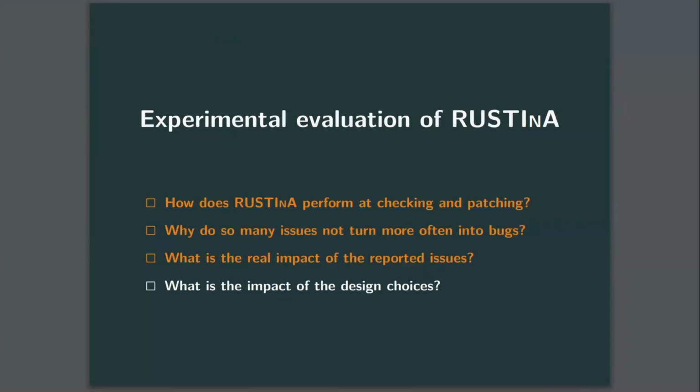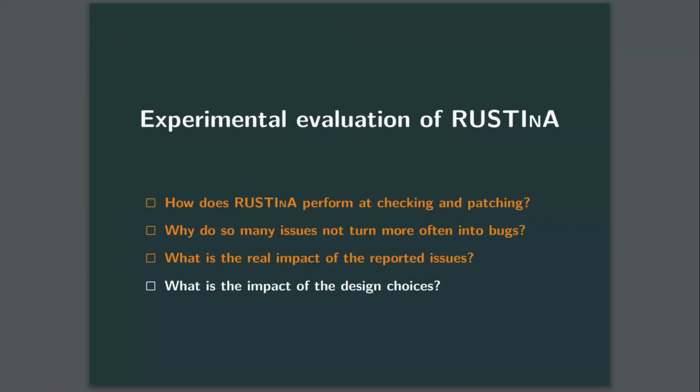So we performed an experimental evaluation of RUSTINA with several research questions in mind. For instance, how does RUSTINA perform at checking and patching the assembly chunks? But also, why are so many issues found that do not turn into bugs in daily life?